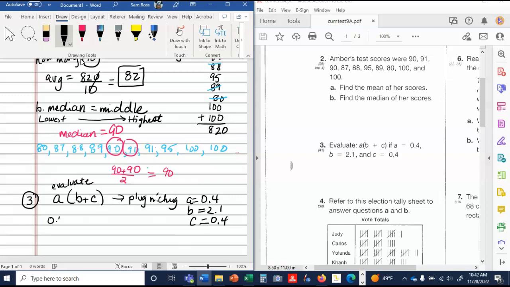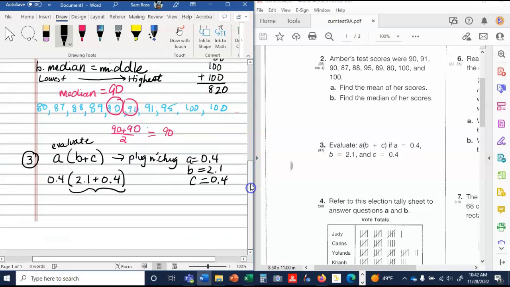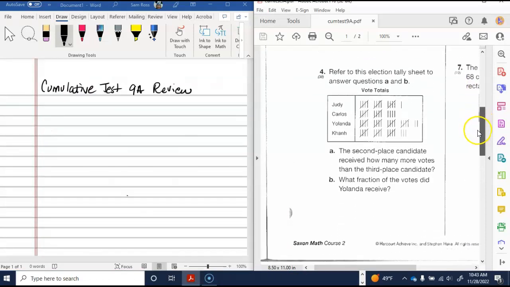So A is 0.4 times B plus C. So I'm going to do B plus C. That's 2.1 plus 0.4, which is 2.5. So it's still 0.4 times 2.5. And that's 1. And that's going to be my answer. All right, let's take a look at number 4.